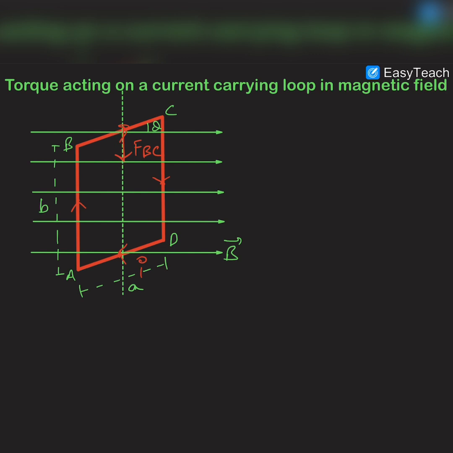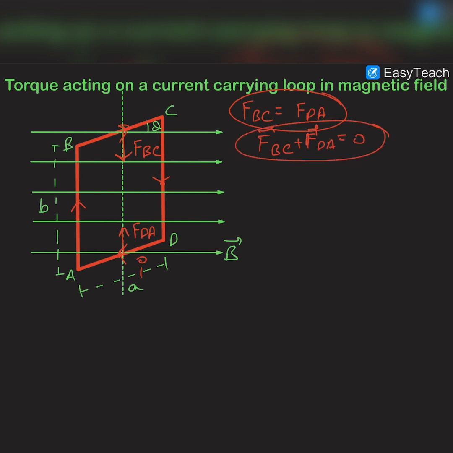In the same way, the force will be produced on this wire DA in the upward direction. And obviously these two forces will be equal. FBC will be equal to FDA in magnitude, and therefore the net force acting on BC plus the force acting on DA will be 0.